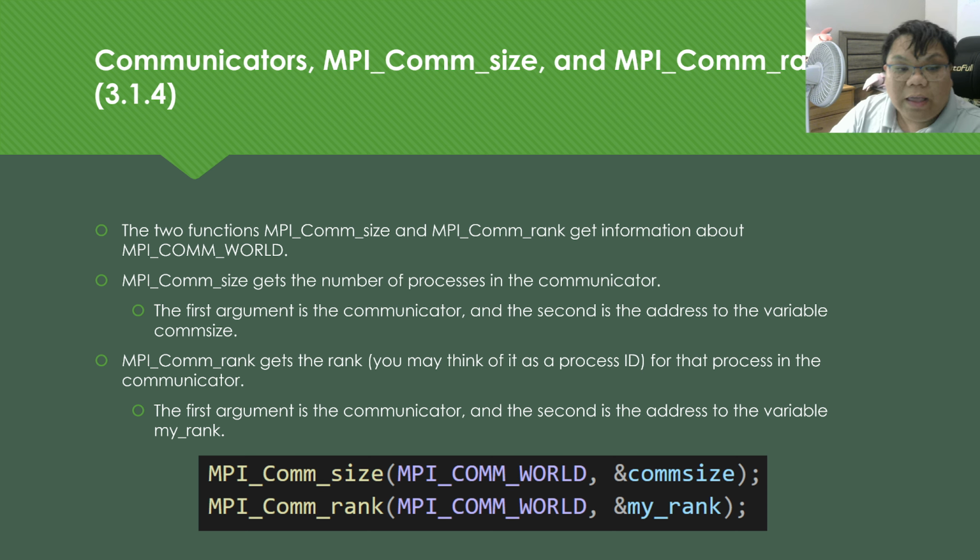So, MPI_Comm_size gets the number of processes in the communicator, and MPI_Comm_rank gets the rank, think of it like a process ID, for that process in that communicator. Like how we have multiple threads working as a team in OpenMP, and each thread has a unique ID, so do the processes in an MPI communicator.